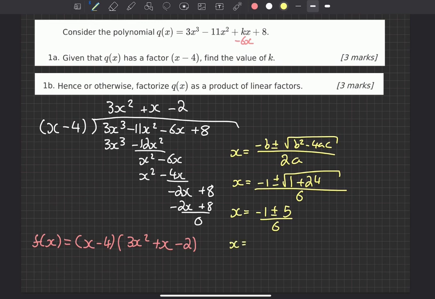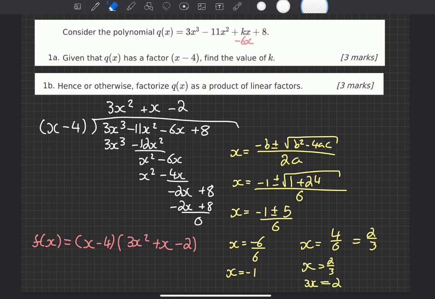So x equals minus 1 minus 5 would be minus 6 over 6, so x equals minus 1, or x equals minus 1 plus 5 would be 4 over 6, which equals 2 over 3. So x equals 2 over 3, 3x equals 2, right?